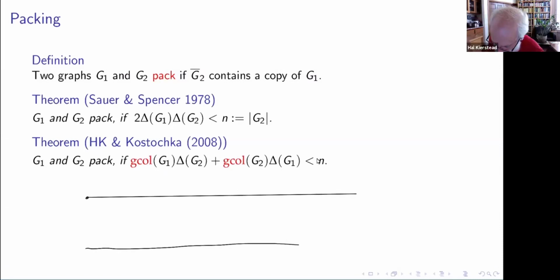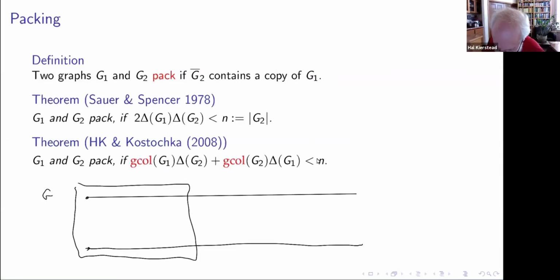We don't have this ordering yet. We're creating an ordering on the graph. And as we go, we group vertices from G1 with vertices from G2. What's the goal of this process? The goal is to keep all the left degrees small, here too.